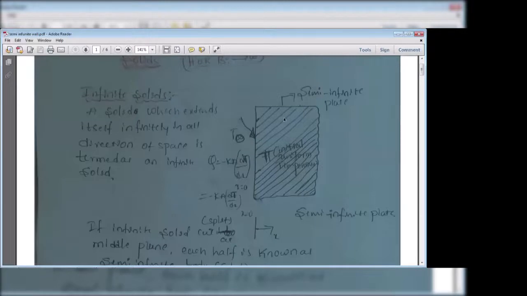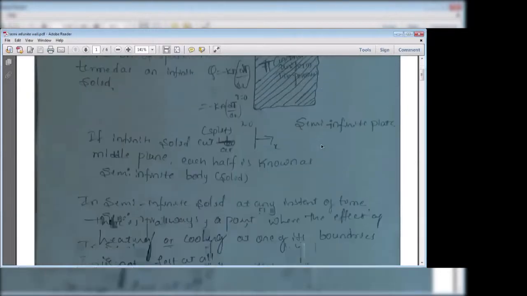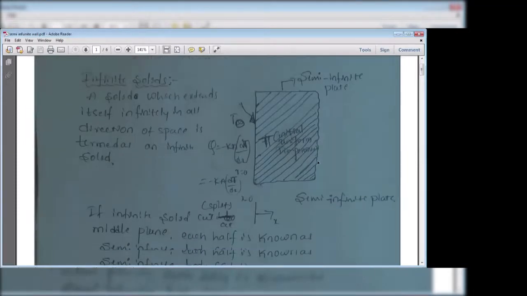If it is heating or cooling, the temperature far from the surface does not change, because of the semi-infinite plate.